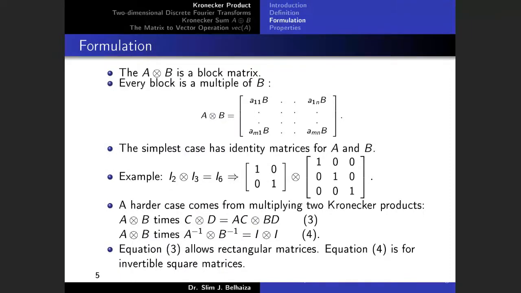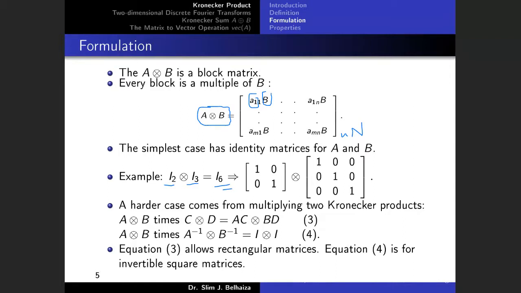A by B is in fact a block matrix where every item of A is multiplied by B. So basically you obtain an nN by nN matrix, if you wish. And we worked in the simplest case, where we had an I2 by I3 matrix, and we got an I6 matrix.